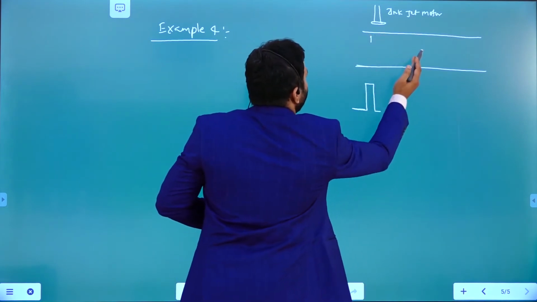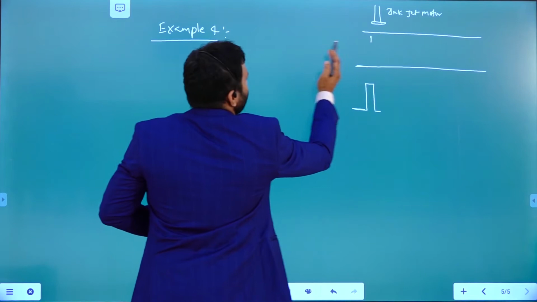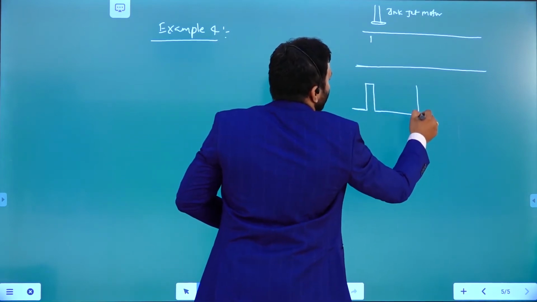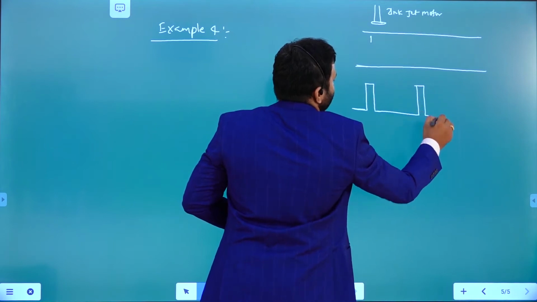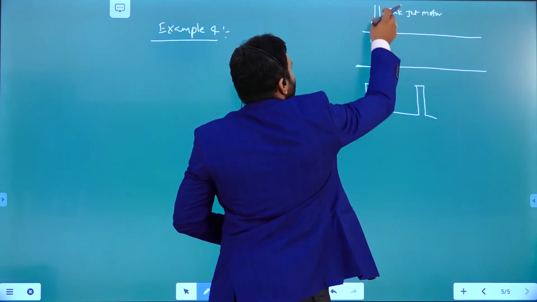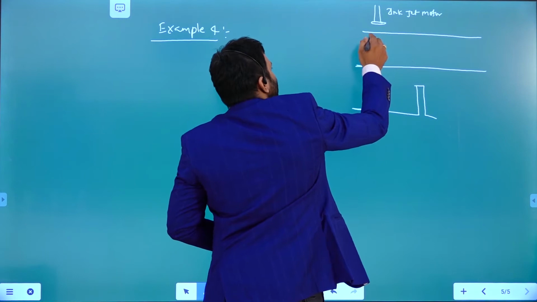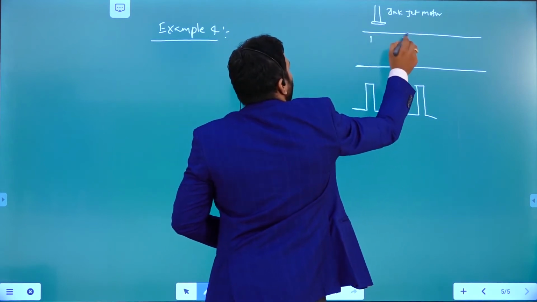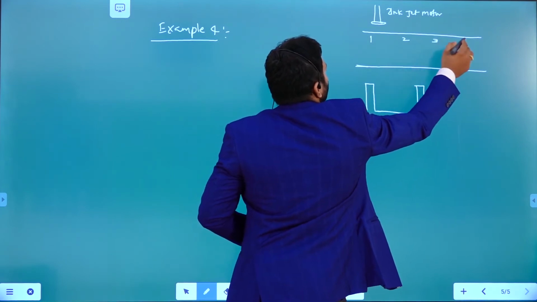After some time, what will happen? The cloth is moving like this. After some time, once again it's going to be on with some pulse. That means once again this inkjet needs to give the second number. By that time the cloth is like this. So 2, like that 3, 4.